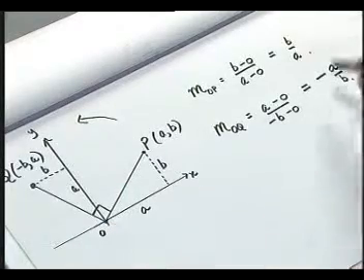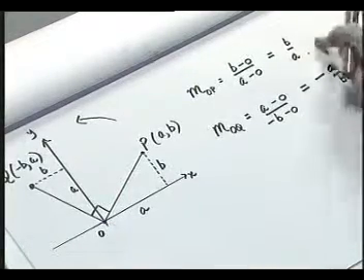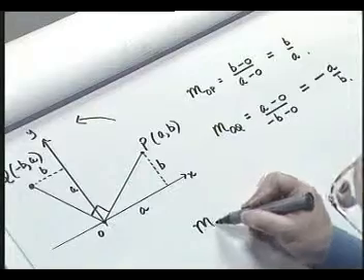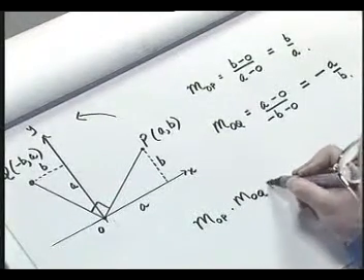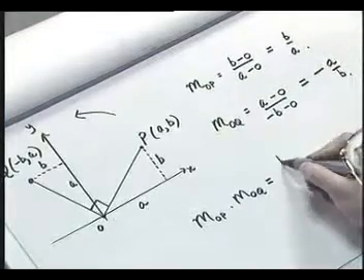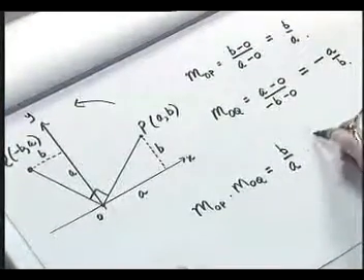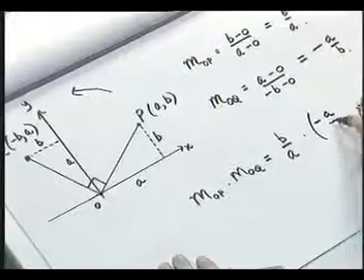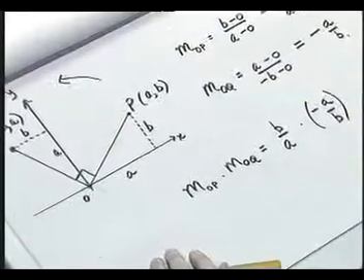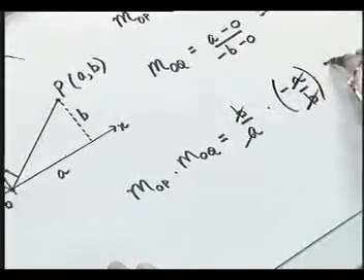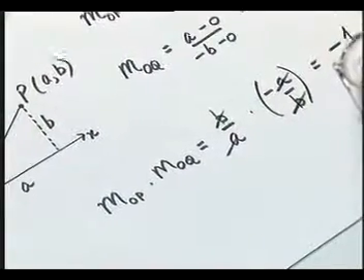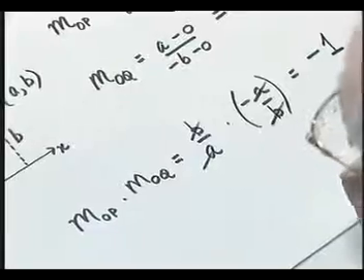Now let's see what happens when we multiply these two results together. Let's take MOP, and we're going to multiply it by MOQ. That's B over A multiplied by minus A over B. And you see, when we do that, the A's cancel, the B's cancel, and we're left with just minus 1.